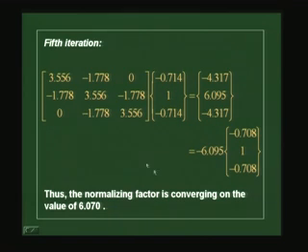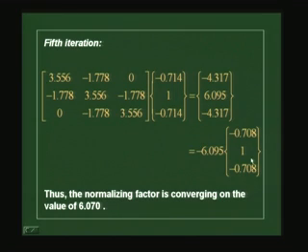When we reach the final answer, when we actually have the correct eigenvector, the matrix multiplied by that eigenvector should give us the eigenvalue times the eigenvector, the vector itself.